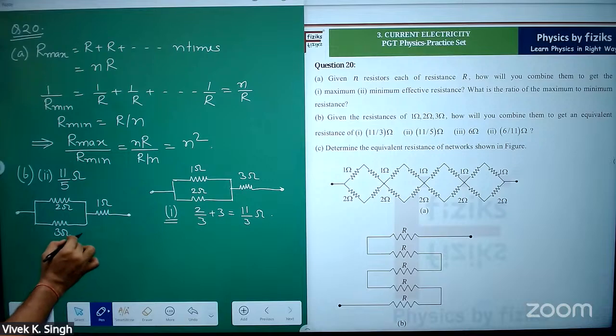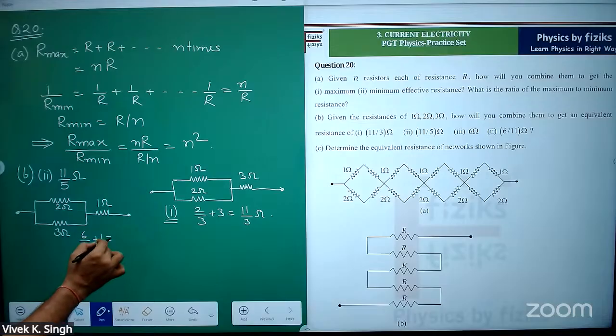So this will give you 6 by 5 and then plus 1. This is 6 by 5 plus 1, which is 11 by 5 ohms.